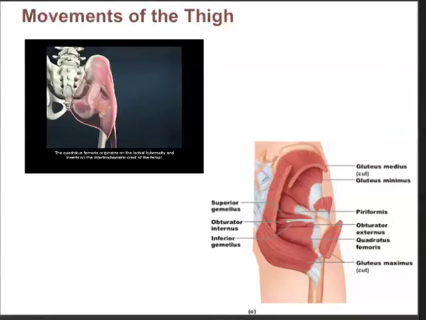The quadratus femoris originates on the ischial tuberosity and inserts on the intertrochanteric crest of the femur. The gluteus minimus and medius originate on the lateral surface of the ilium and insert on the greater trochanter of the femur.